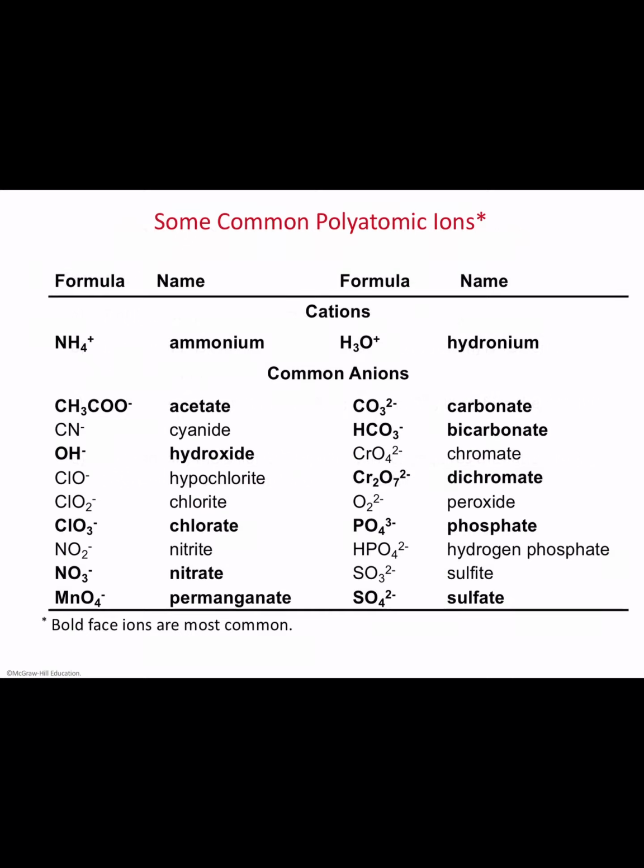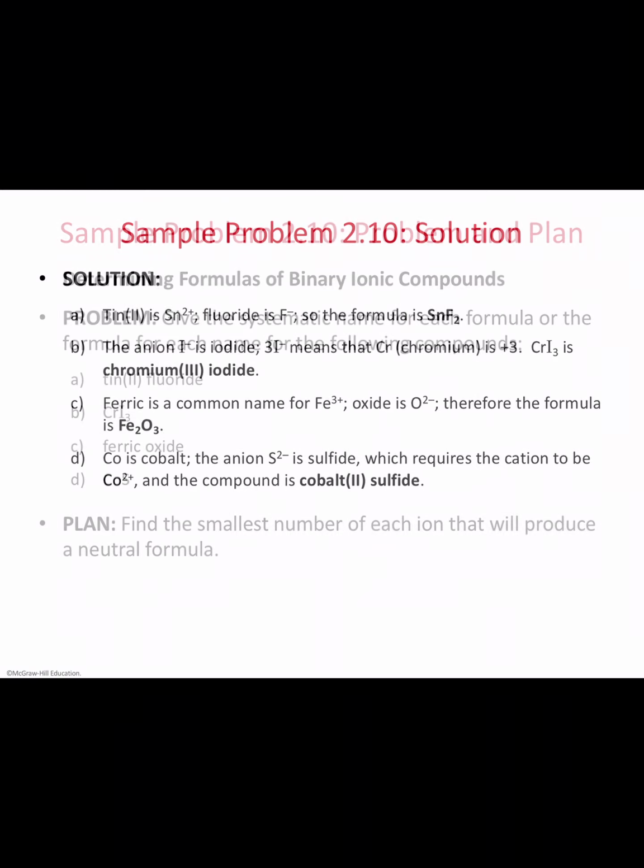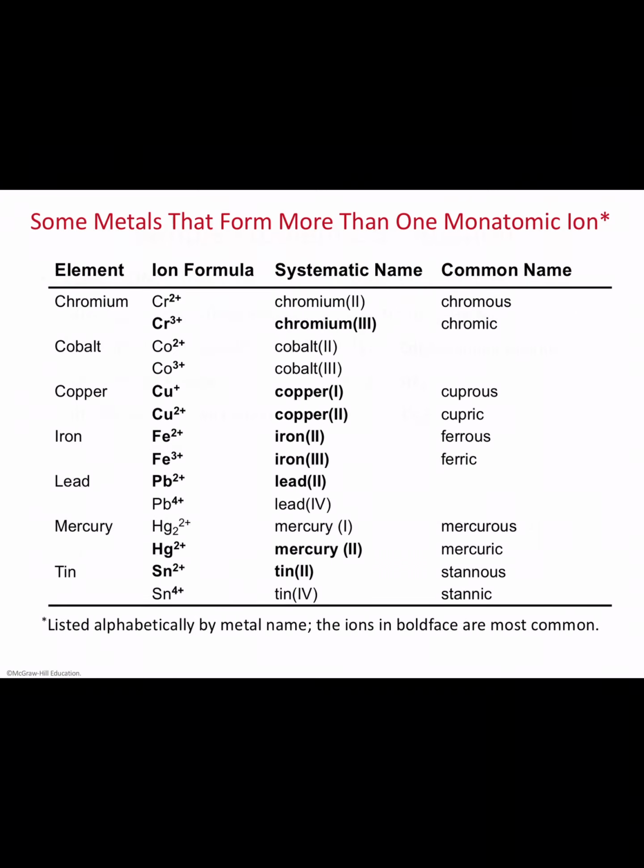And these are some metals that form more than one monoatomic ion. For example, chromium. Chromium can be chromium 2 plus or chromium 3 plus.